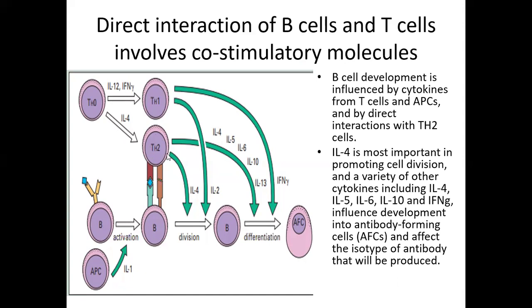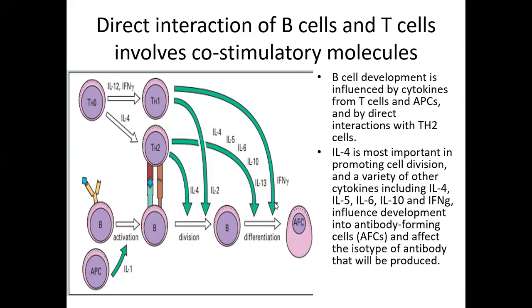But T helper 2 take part in activation of B cell because they interact with its MHC second receptor when the B cell catches a new pathogen, and they confirm that it's a correct pathogen.